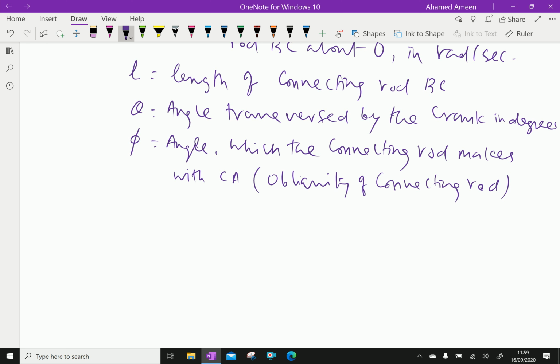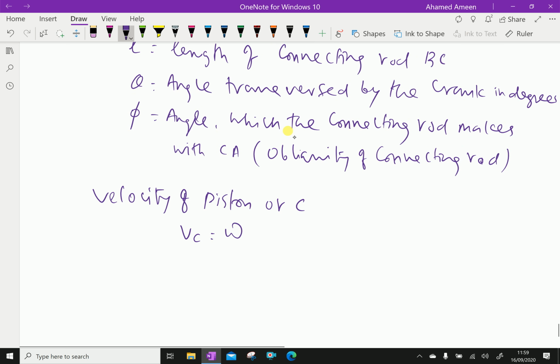Now we know that the velocity of the piston, or the point C, that is VC, equals omega 2 into OC.